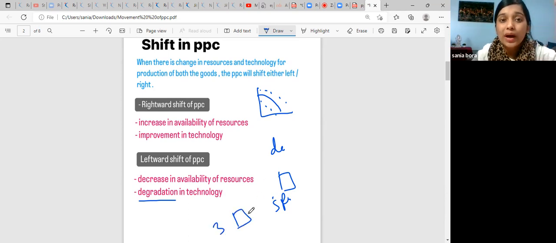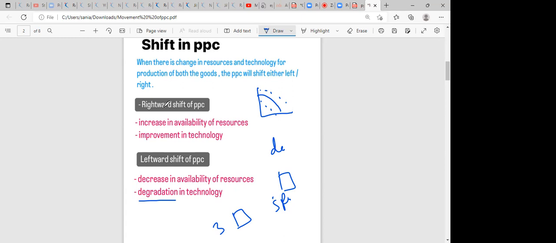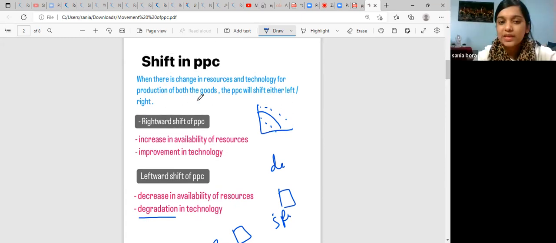So the quality of my machine is getting degraded. Grade upgrade means increase; degrade is the opposite of upgrade. Clear? Yes, teacher. You can write down shift in PPC rightward and leftward, and write 2 points, or write it like this. It's your choice.